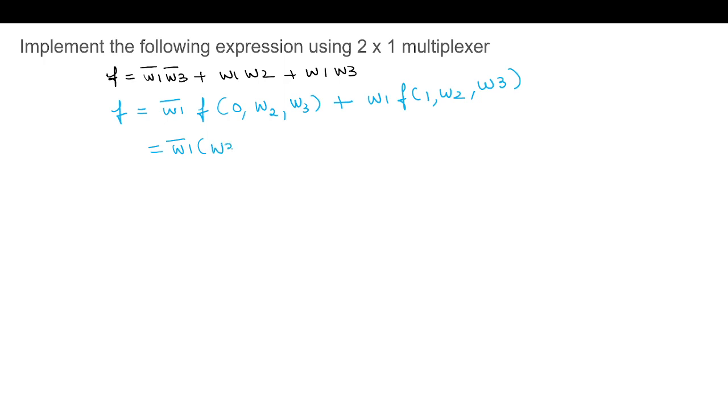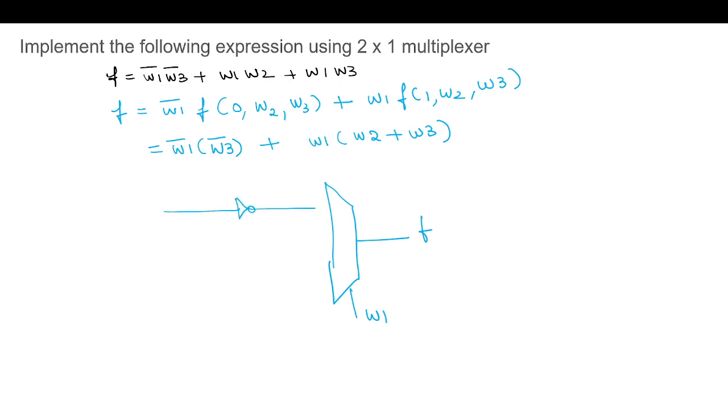Substituting the values to the expression given, 0 for w1, 1 for w1, we obtain this expression. So now our select line is w1, output f. When it is 0, it is w3 complement. When it is 1, it is selecting w2 or w3. Is it clear?